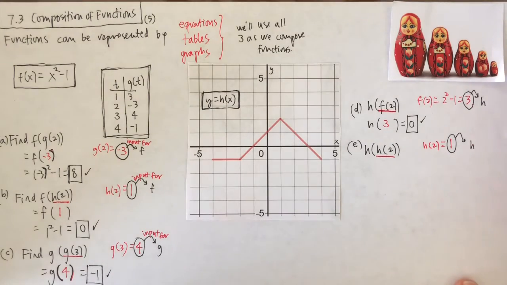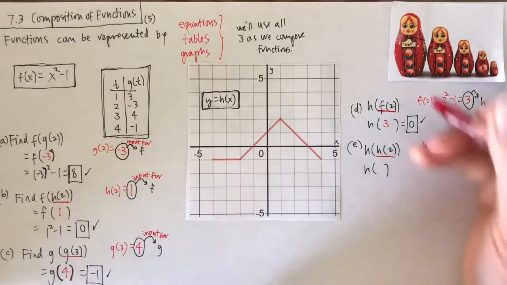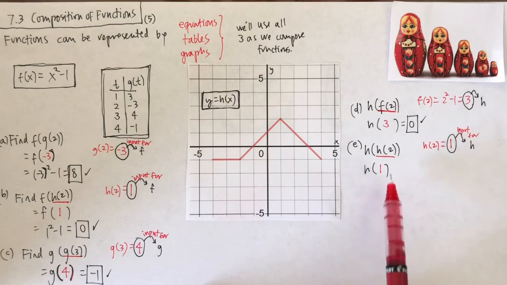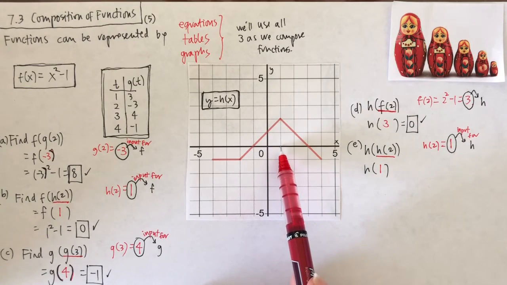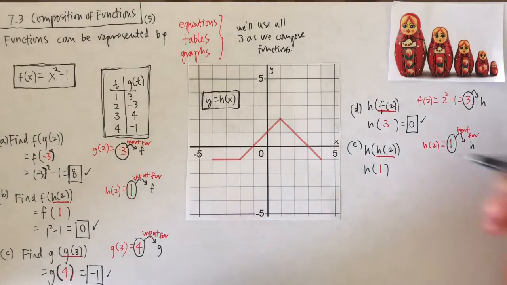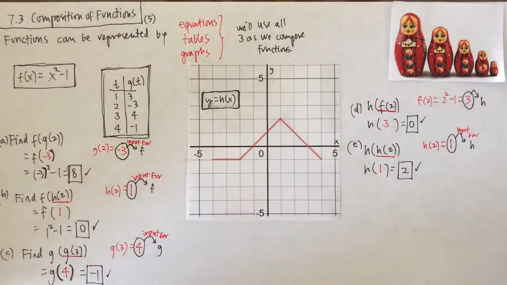So h of h of 2 is just h of 1. Okay, and if I have an input of 1, so this is my x value for h, the graph tells me my y value is 2. This is my last output for that composition.